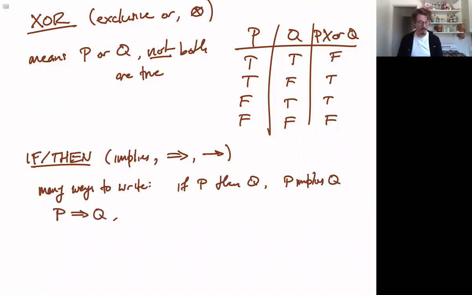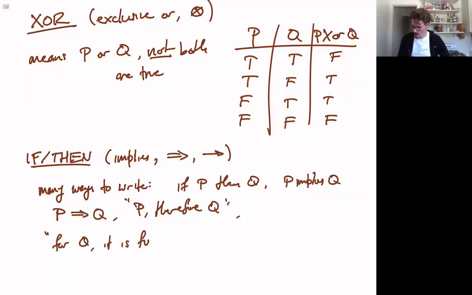But there's also lots of more exotic things like, P, therefore Q. Or even wilder things like for Q to be true, it is sufficient, oh my gosh, sufficient that P is true, and many, many more.